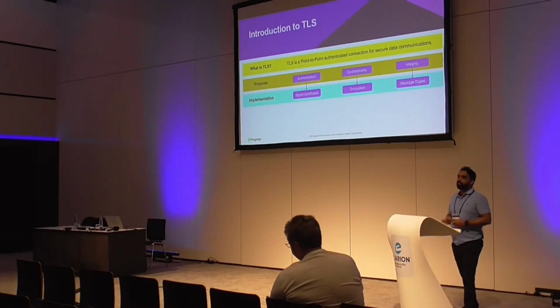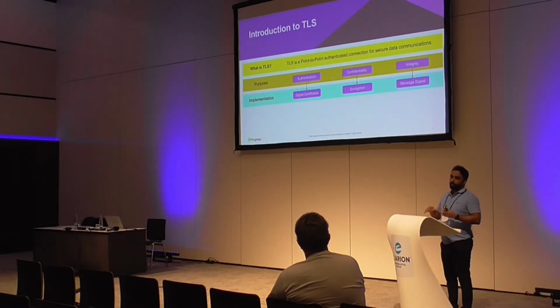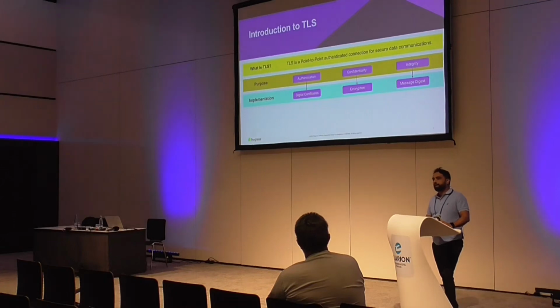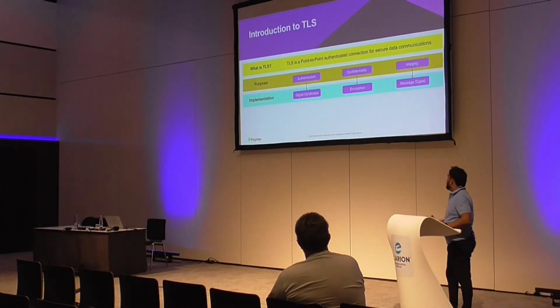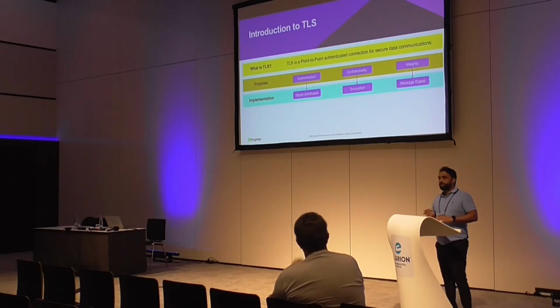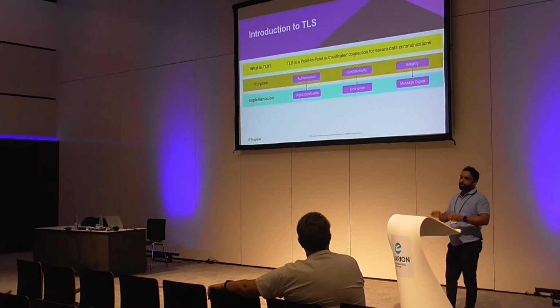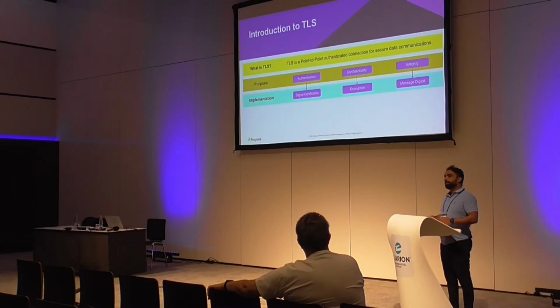Both client and server will negotiate an encryption algorithm, and both will encrypt their data using that, and no one in between can understand that data. And the last one is message digest. Here it will generate a hash for the messages that are being transmitted between client and server. And it will make sure that if someone tampers with that data, the message digest will change, so it will get to know that someone has tampered with that data.